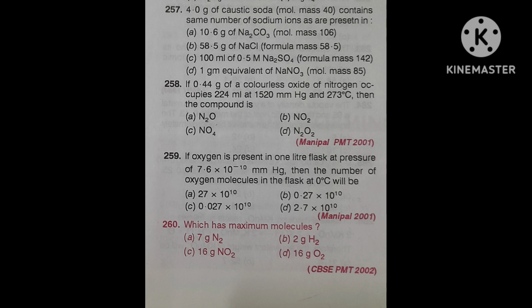Now what will be the number of molecules? You just multiply by Avogadro number, because 1 mole is equal to 6.022 into 10 to the power 23. You got the n value, then multiply that n value by Avogadro number, then you will get 2.7 into 10 to the power 8.